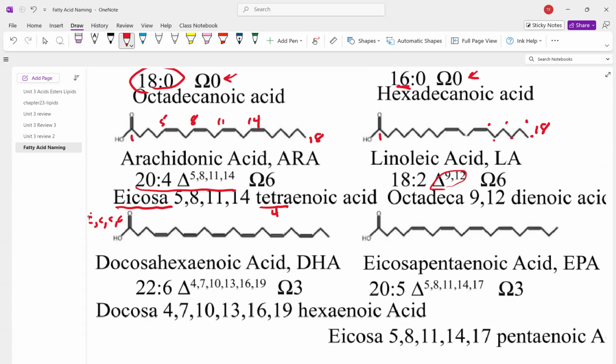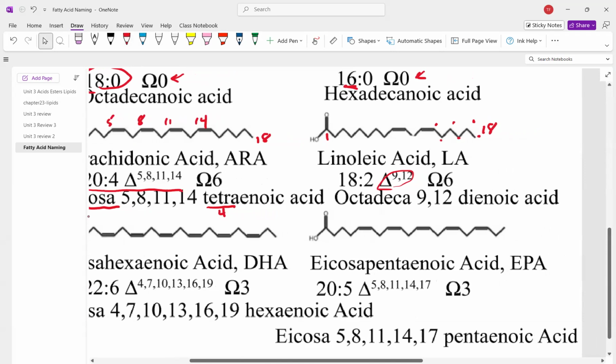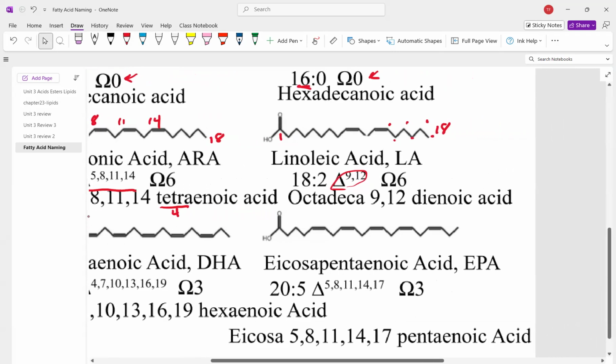Common name is linoleic acid, LA. The IUPAC name is going to be octadeca, that's 18, 8 plus 10, octadeca dienoic acid in positions 9 and 12.